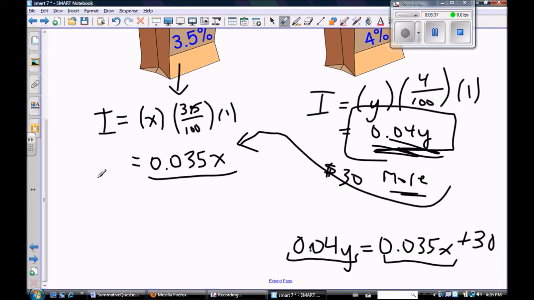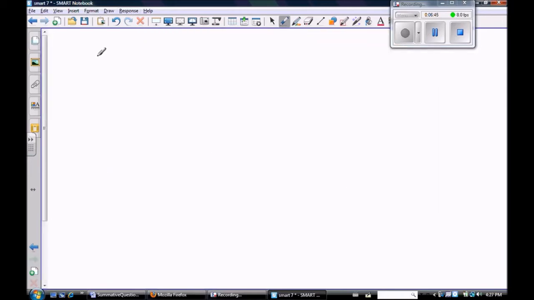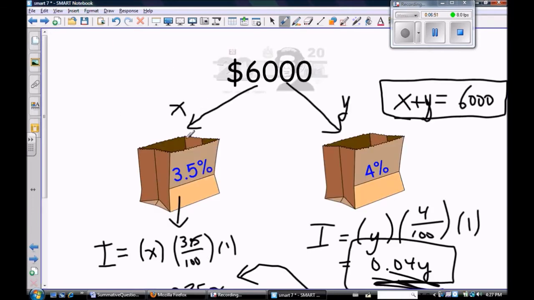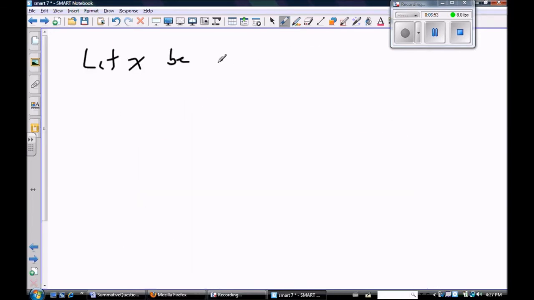So now that we have this idea, let's write everything as if it's a proper word problem. And I know your teachers, this is what a proper word problem would be. Let x be, and what was x again? x was the amount invested at 3.5%. The amount invested, uh-oh, my pen is acting up.